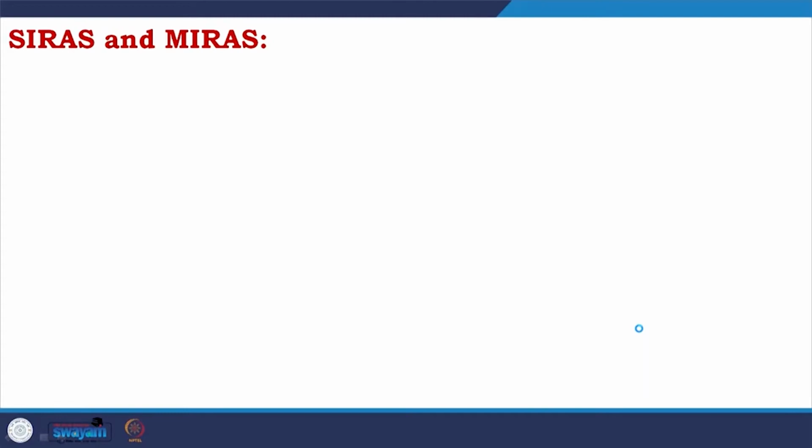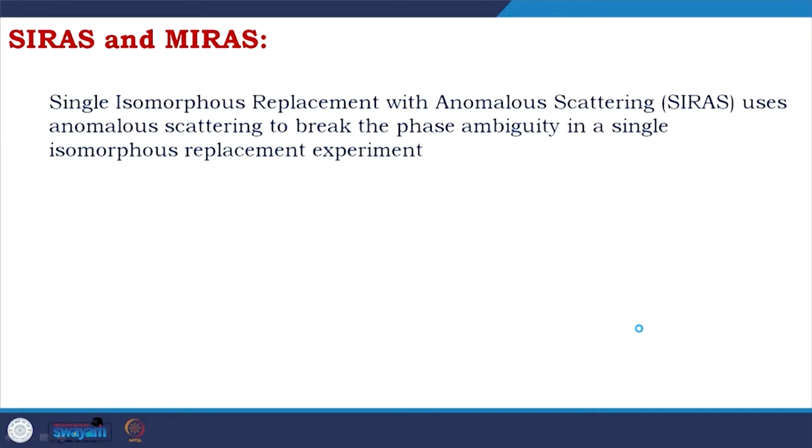So, now by utilizing this, I just introduce other terms, as I told, SIRAS and MIRAS. SIRAS is single isomorphous replacement with anomalous scattering; it uses anomalous scattering to break the phase ambiguity in a single isomorphous replacement experiment. You could consider it as a hybrid of both isomorphous replacement along with anomalous dispersion or anomalous scattering.